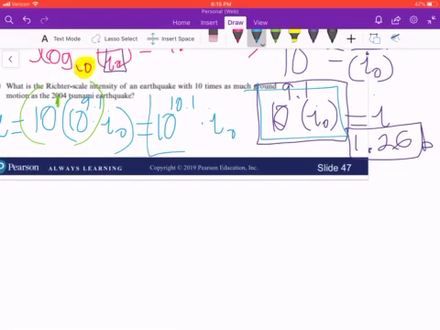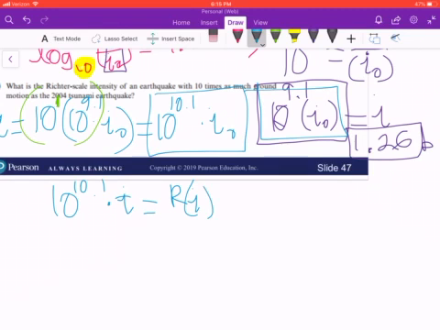So from here, we could take that expression and convert it back to a logarithmic expression.